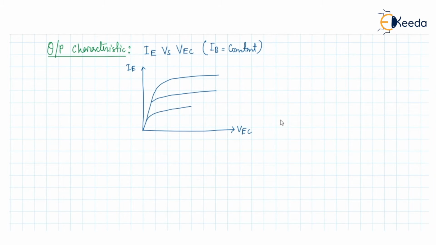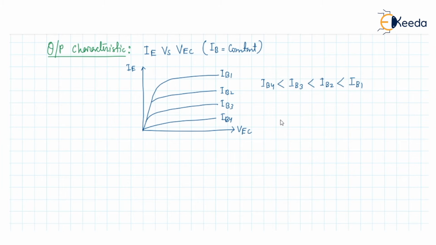In the CE mode, the output characteristics are the same as the CC mode for different values of IB1, IB2, IB3 and IB4, where IB4 is less than IB3, less than IB2, less than IB1. So this will be the output characteristics of a CC configuration, which is similar to the CE configuration.